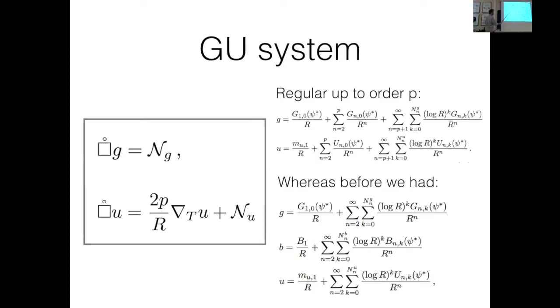Now, imposing no more structure on the right-hand side, you're basically preventing the existence of logs up to order p plus 1, right? So you have the same behavior to leading order, and then up to order p you still have the same behavior in the goods and still the same behavior in the uglies, basically pushing the logs further down. That's what these complicated expansions are meant to explain.